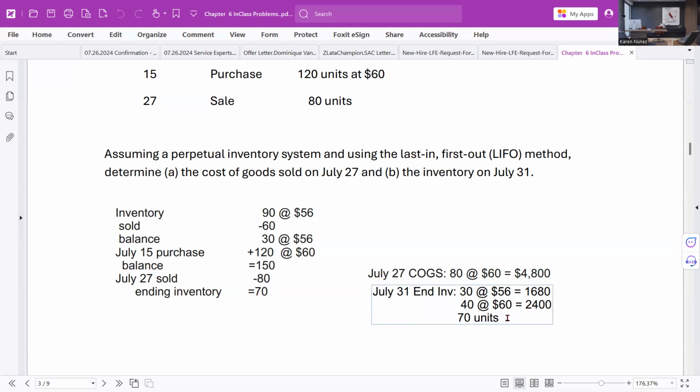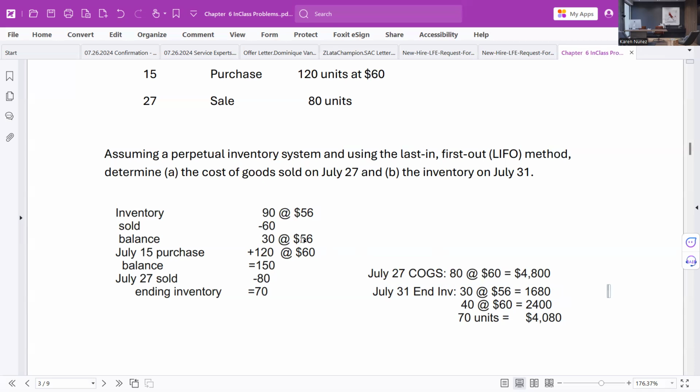So the 70 units altogether have a cost of 4,080. So that's cost of goods sold using LIFO, last in, first out. The last ones go to cost of goods sold. The last ones in are the first ones out. So the earlier ones are going to be left in that ending inventory.